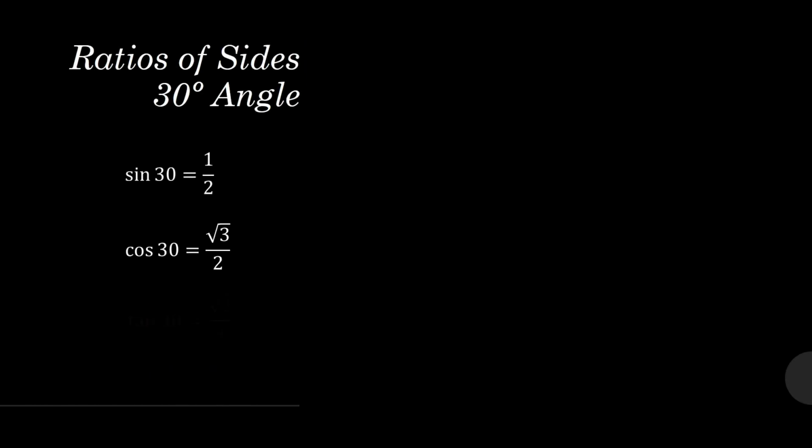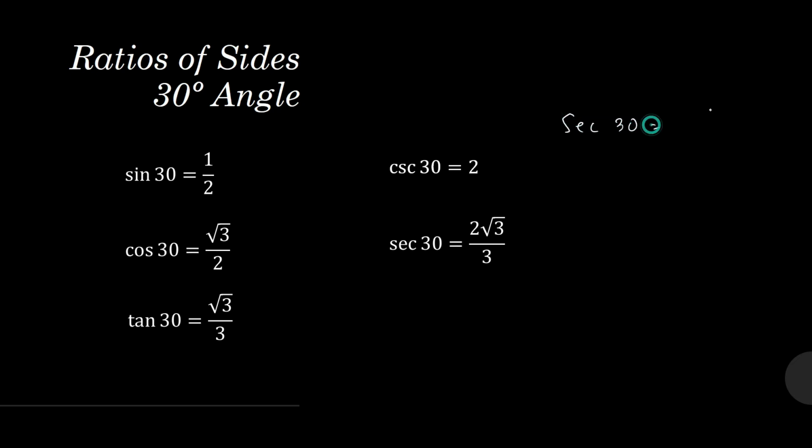The reciprocal of your sine is cosecant. So cosecant of 30 degrees is simply 2. The reciprocal of cosine is secant. So secant is 2 times square root of 3 over 3. So let us show it. Again, we multiply by square root of 3 over square root of 3. We do that to rationalize the denominator.